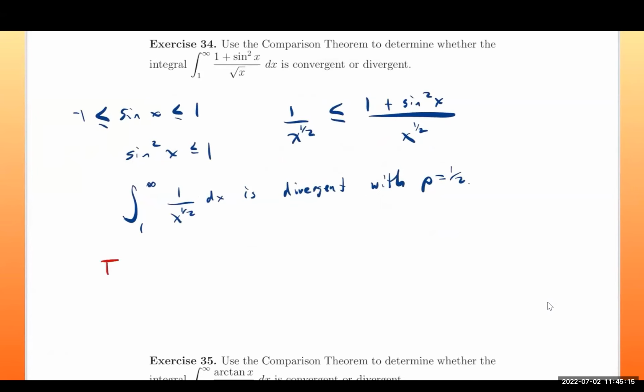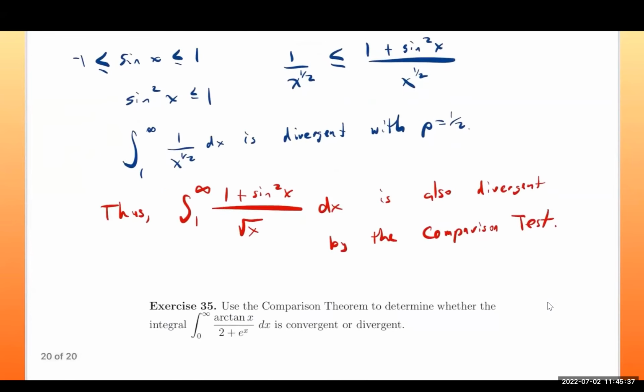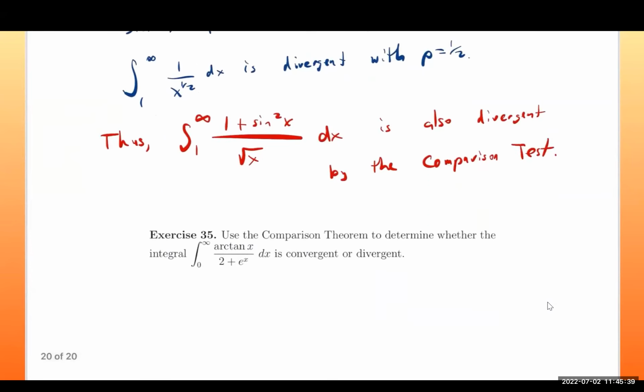So let's say that in words, thus, the integral from 1 to infinity of 1 plus sine squared x over radical x dx is also divergent by the comparison test. That's the conclusion.